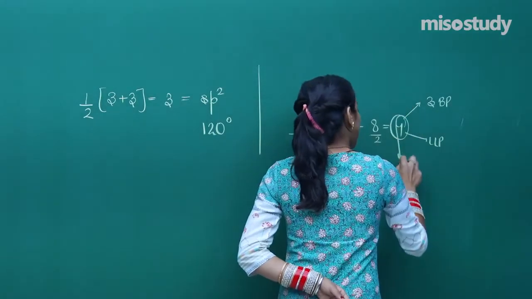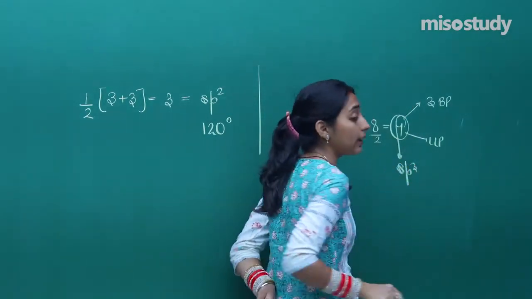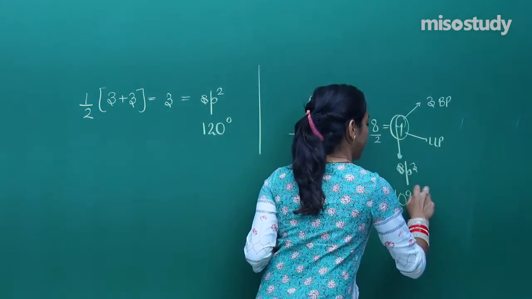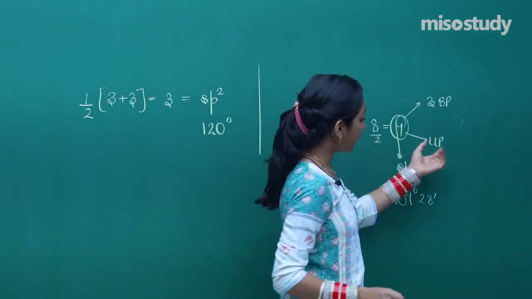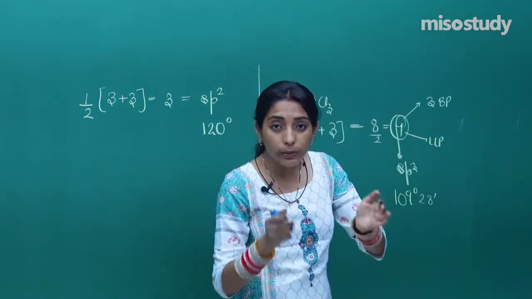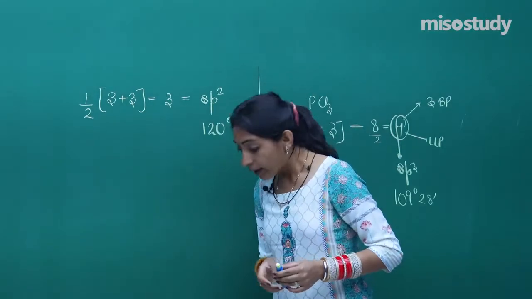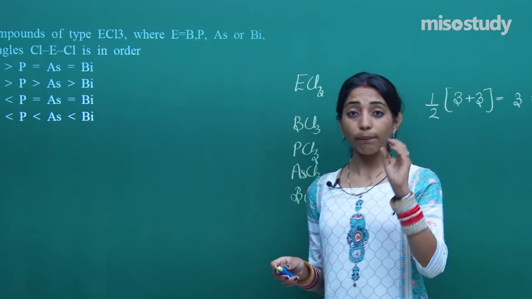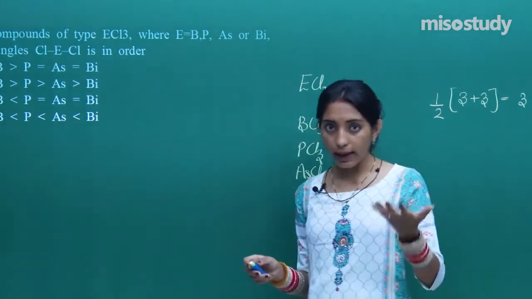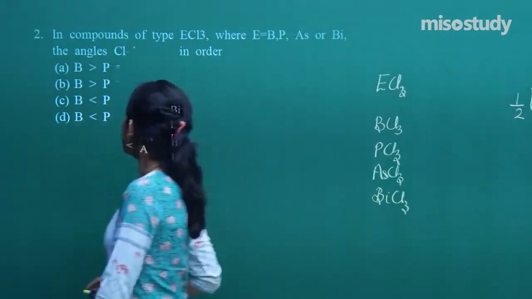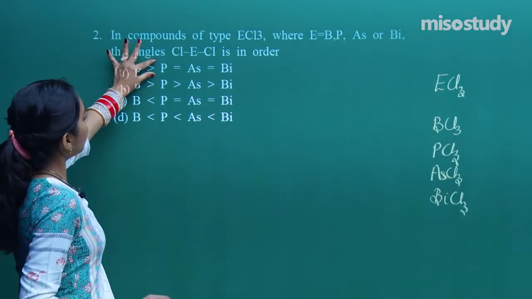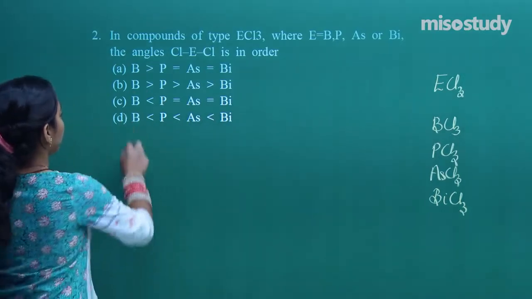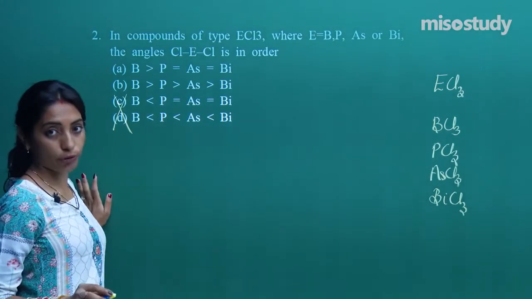That means for sp3 hybridization, the bond angle would be around 109 degrees 28 minutes. But because of the presence of lone pair, the bond angle will be a smaller value. So BCl3 will have the higher angle. Here it is saying boron greater than phosphorus, boron greater than phosphorus, boron lesser than phosphorus, boron lesser than phosphorus. So C and D I can ignore.